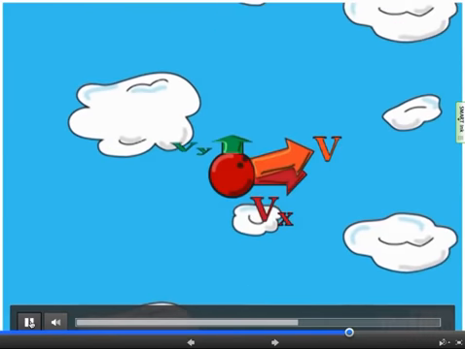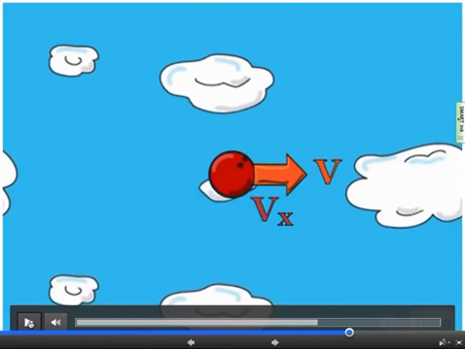Let's watch that. All right, at the peak, you can see the green velocity vector is gone because gravity has completely taken it away. It once was a positive vertical velocity, but now it's 0. And notice the horizontal and the actual velocity are now the same.